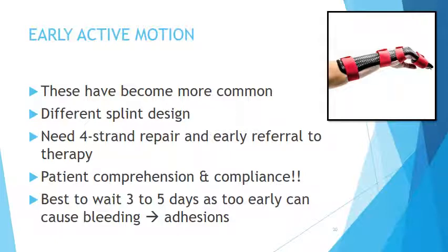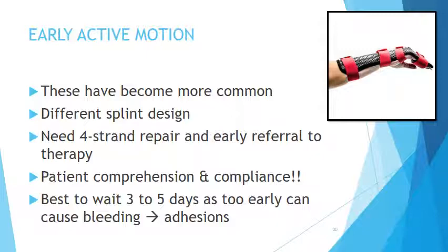Now we come to the early active motion protocols, which have become more common, but there's different splint designs, and there are a wide variety of different protocols for early active motion. Remember that a 4-strand repair is crucial or a 6-strand repair.